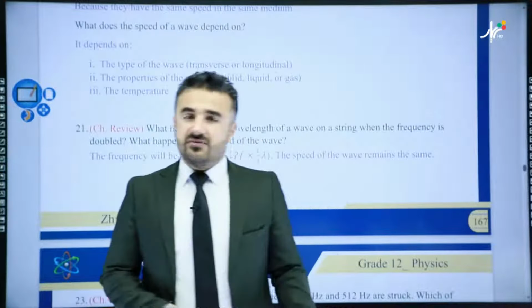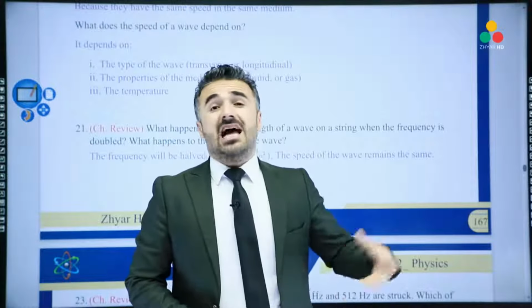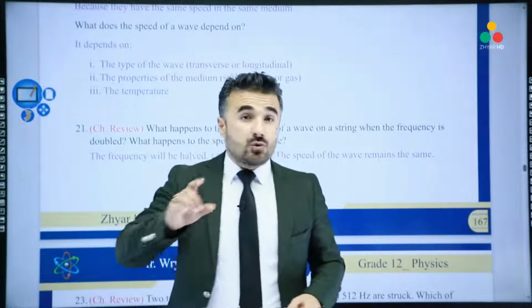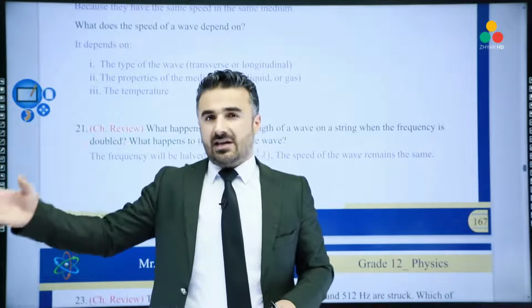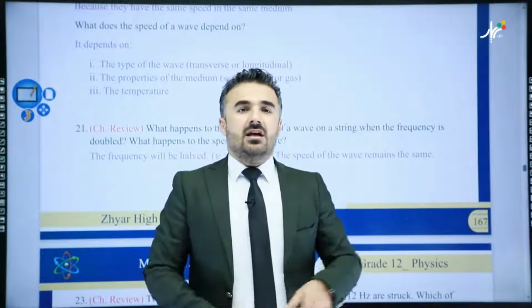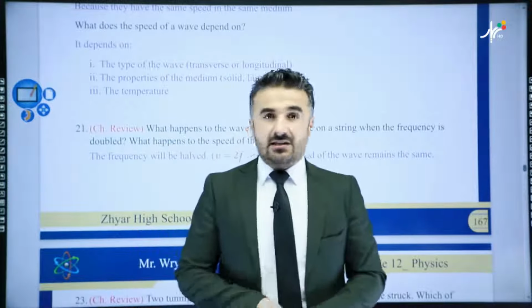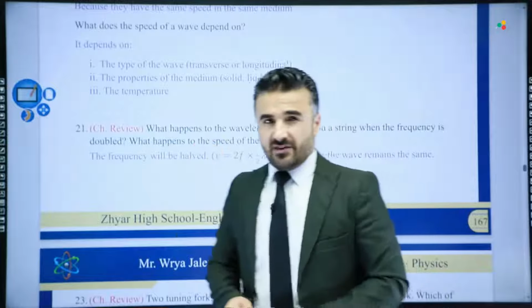Is it a transverse wave or a longitudinal wave? Longitudinal waves, like sound waves, are normally way slower than transverse waves like electromagnetic waves. So normally electromagnetic waves are way faster than longitudinal waves like sound. So of course it depends on the type of the wave. That is one. Second, it depends on the properties of the medium.